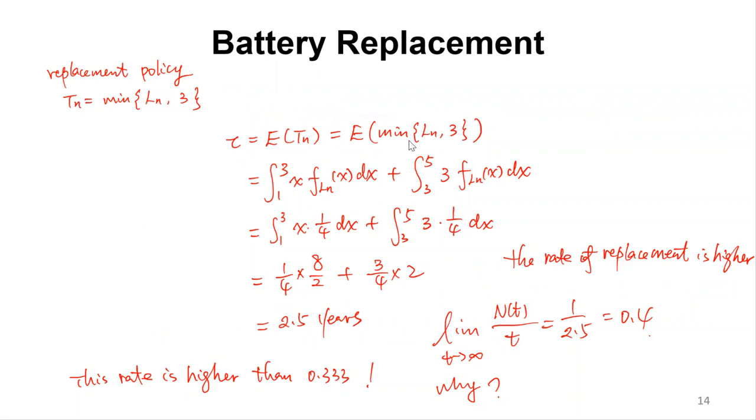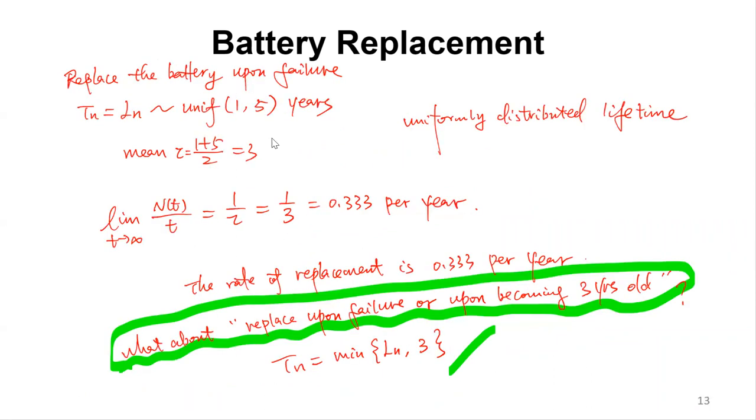So this mean is the minimum of L and 3. If the lifetime is between 1 and 3, this will be x, the lifetime, times 1/4 because this is a uniform distribution. This is 1/4 because the interval from 1 to 5 has length 4, 5 minus 1.